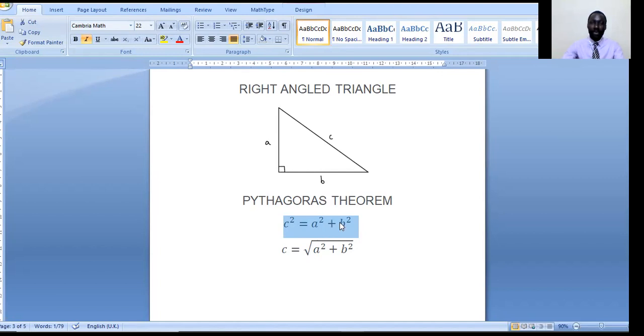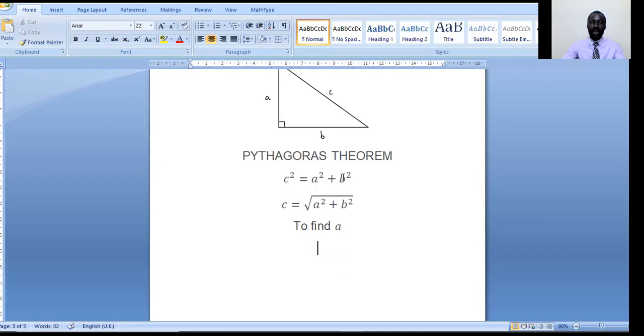Notice that from Pythagoras theorem, if we are requested to find the value of A, we will first make A squared the subject. That means we transfer B squared to the left-hand side, and so A squared will be equal to C squared minus B squared.